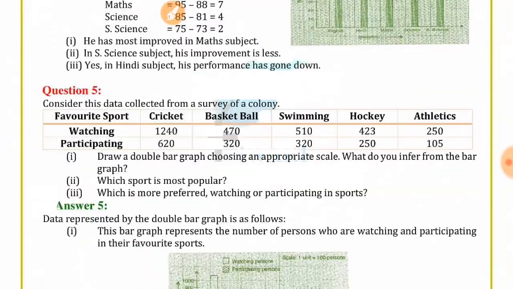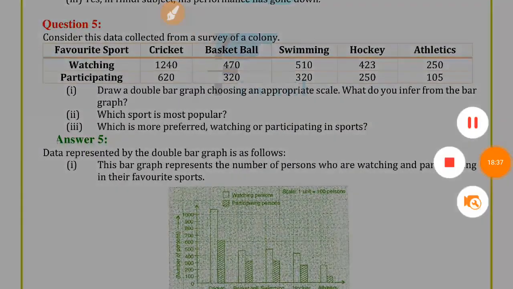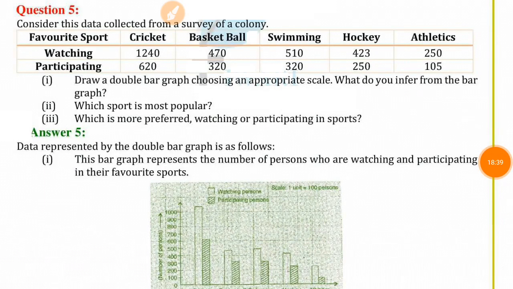So fifth question, consider this data collected from the survey of a colony. Favorite sport: cricket, basketball, swimming, hockey, athletics. Watching and participating. So here 2 sets of data are given, so we can draw the double bar graph here. How to draw the double bar graph, choosing an appropriate scale?